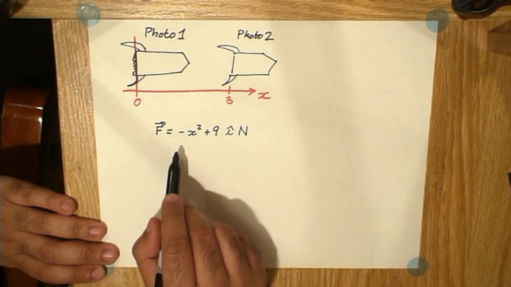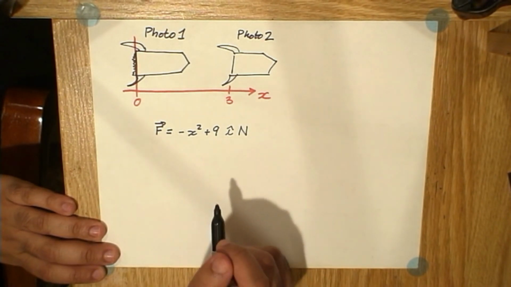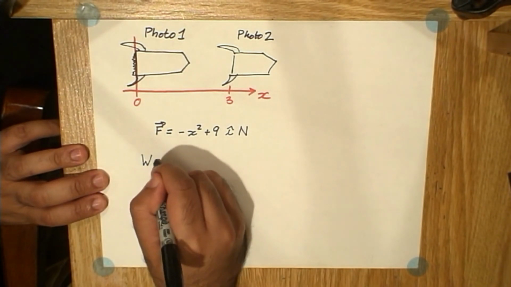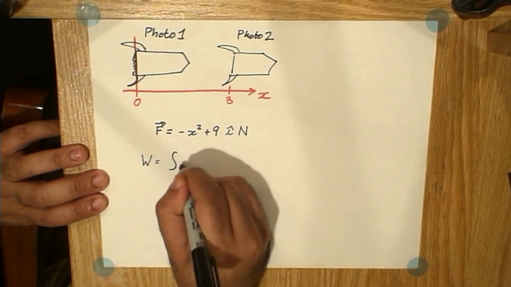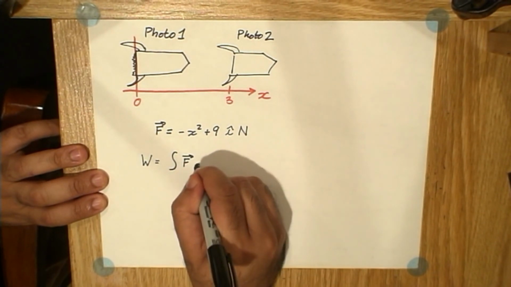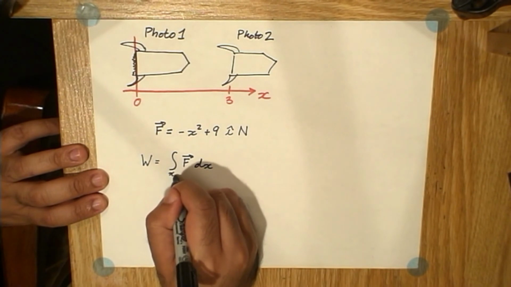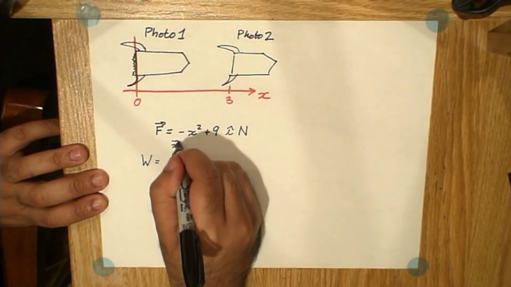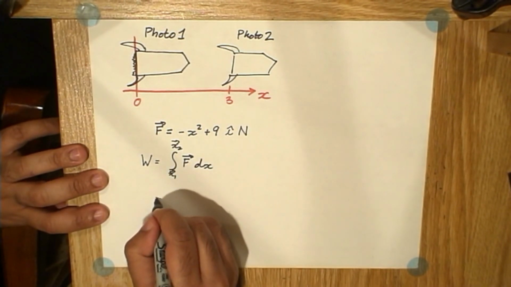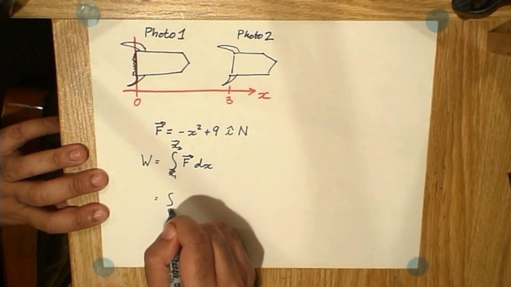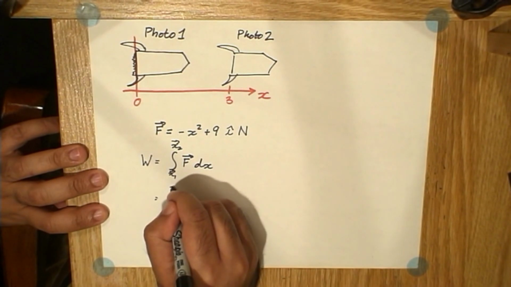So we would like to find out what is the total work done. Whenever you have a variable force, the work is calculated by integrating the force over the displacement. So the initial position was 0. The final position was 3.